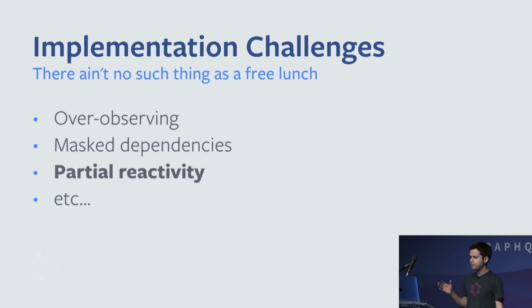Similar to the problem of missing masked dependencies, it could also be the problem of missing dependencies. You can imagine if you're at a large enough company that you have a bunch of microservices, different backends, all sorts of things, not all of which you can make reactive in one go. And so you might live in a partial state where you can react to some data changes automatically, but not to others.